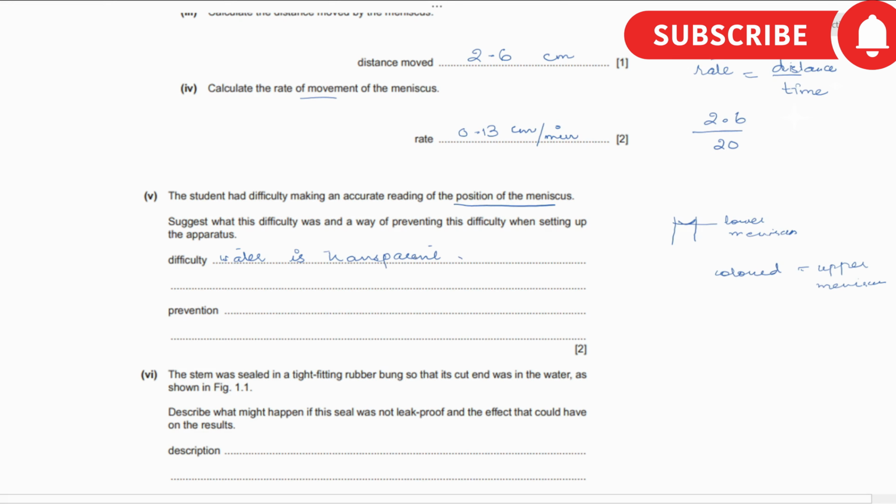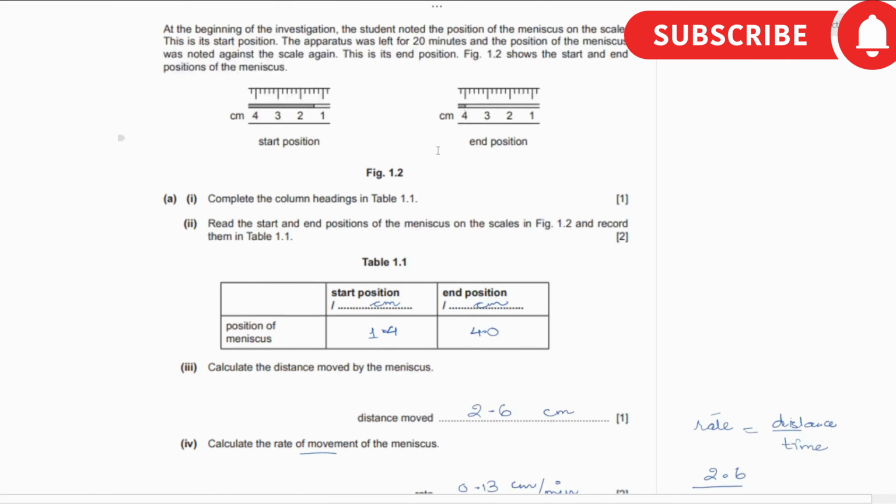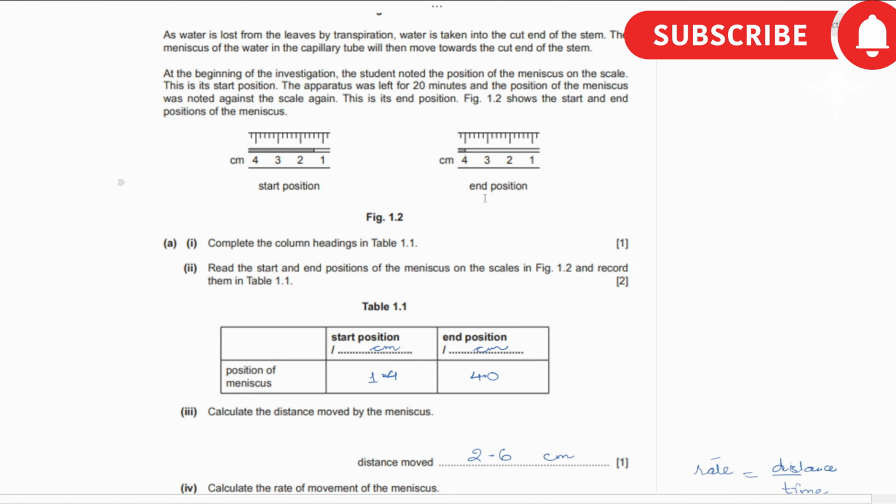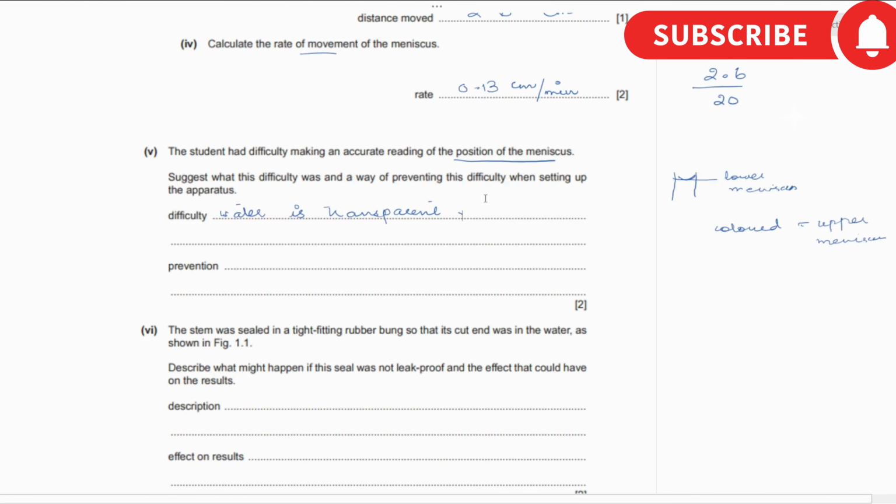Moreover, what difficulty can be there? Because we are using a capillary tube over here, the capillary tube is really small. Capillary tube, there is a single P in capillary. The capillary tube is small.